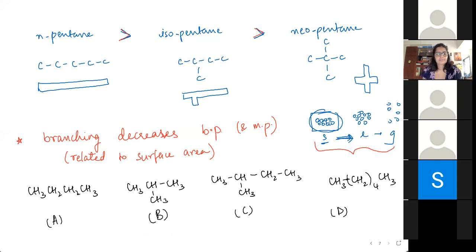Ma'am, for the D1, since the CH3 is outside the bracket, will that be... This simply means you have CH3 and then the CH2 is repeating 4 times. You have 4 CH2s over here, and then finally you're ending with CH3. Okay, got it.